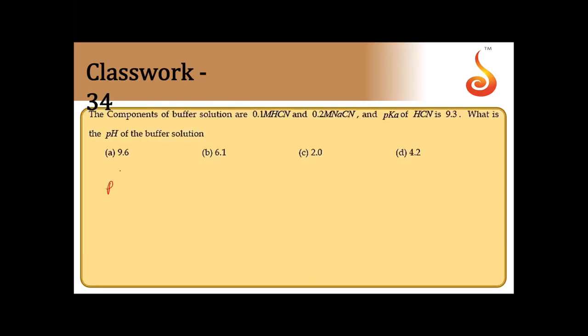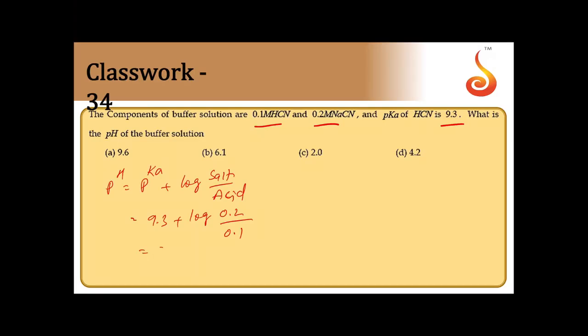So here pH is equal to pKa plus log of concentration of salt by concentration of the acid, which is equal to pK, given as 9.3, plus log of concentration of the salt, given as 0.2, by acid, given as 0.1.